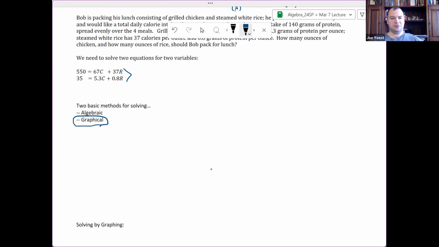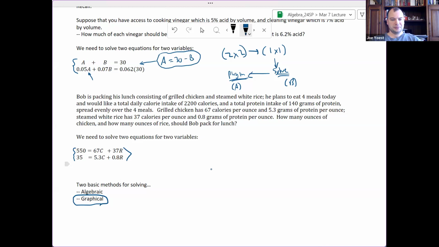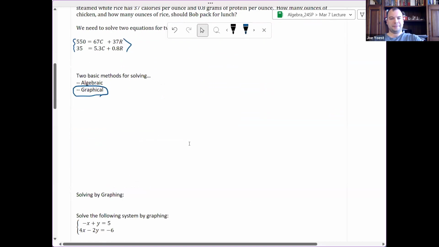So we might ask, if I can graph a single linear equation and I can glean a lot of information from that graph, can I leverage this new tool, this new idea of graphing, to help me solve these systems of equations, to help me figure out what values of my variables will satisfy those constraints? And the answer is yes, and that's what we're going to talk about today.